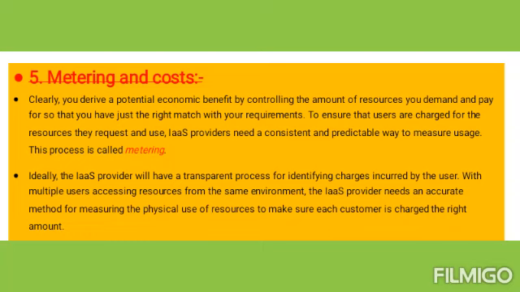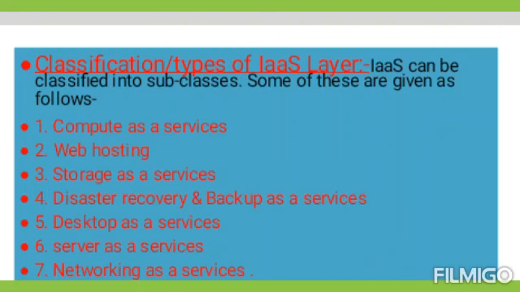IAAS providers often use the metering process to charge users based on the instances of computing consumed. The charge for a very small instance may be as little as 2 cents an hour.